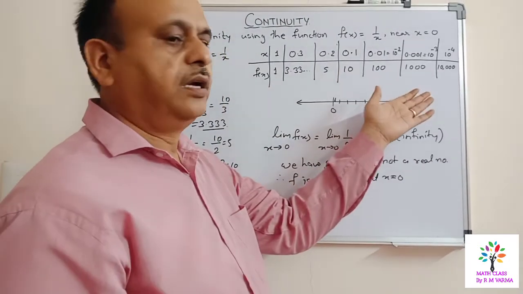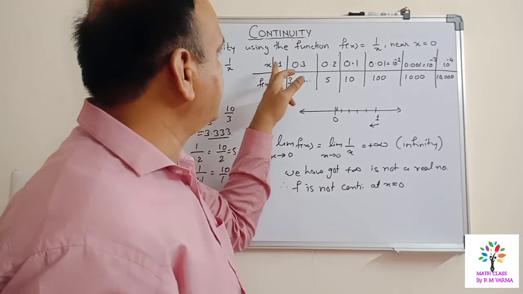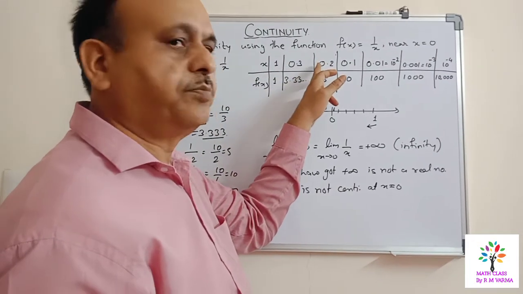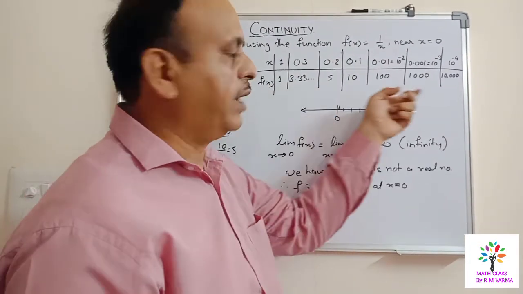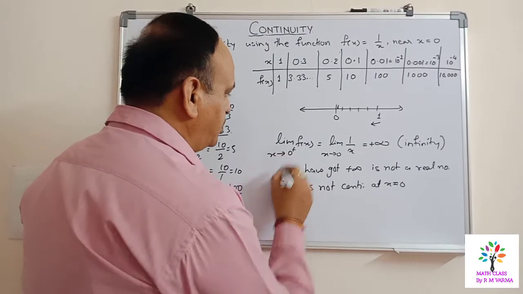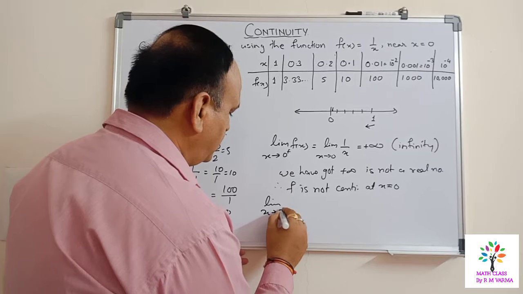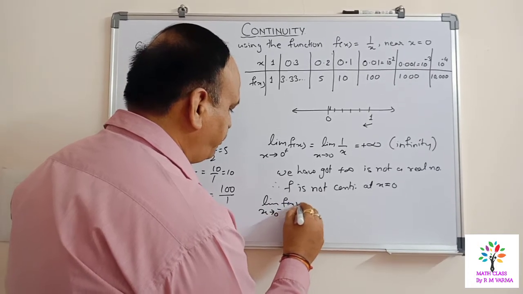This is on the positive side. If we take it on the negative side, if the values are minus 1, minus 0.3, minus 0.2, you will get all negative values. So when I take negative, this is the limit as x tends to 0 minus of f(x).